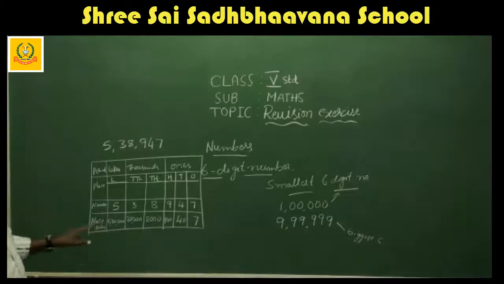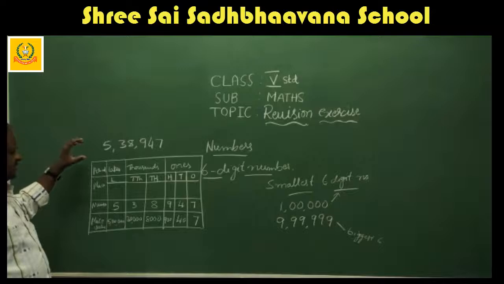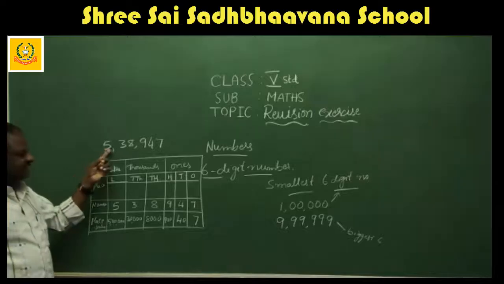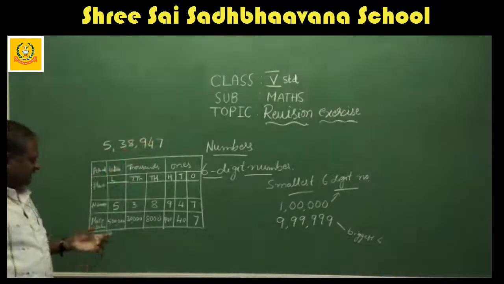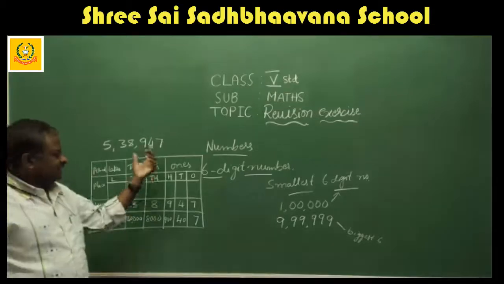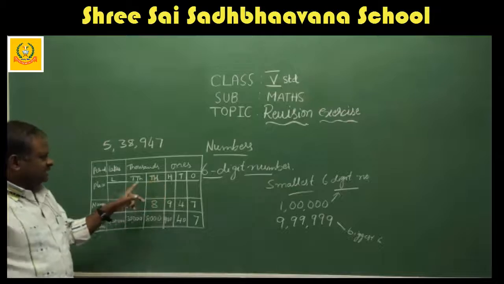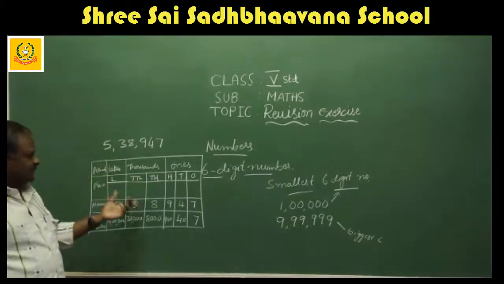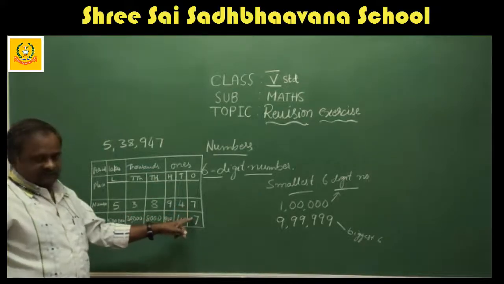So once again I will explain. When you come to the place value chart or place value table, here we are writing this number 5,38,947 in the place value chart. Here ones, tens, hundreds, thousands, ten thousands, lakhs. The number we have written in the unit place is 7, so the place value is 7.